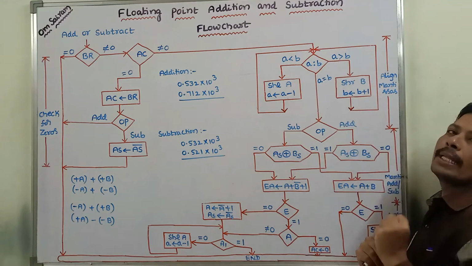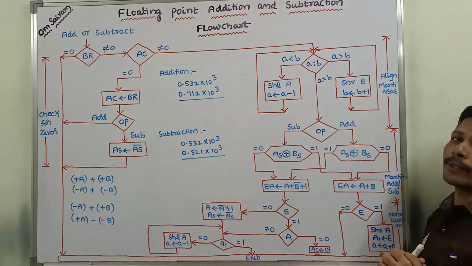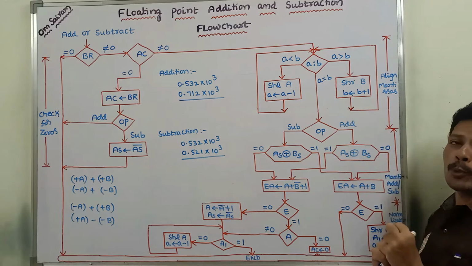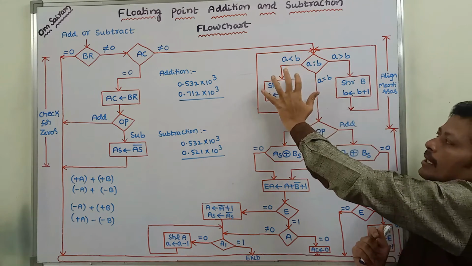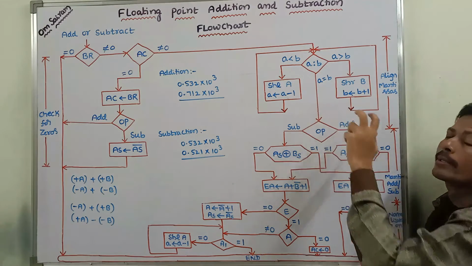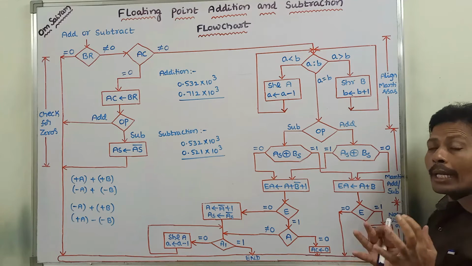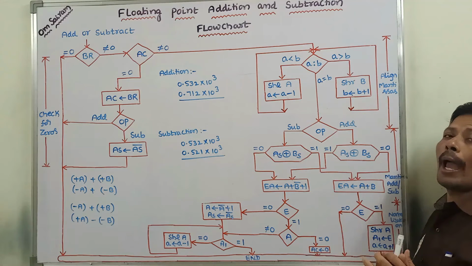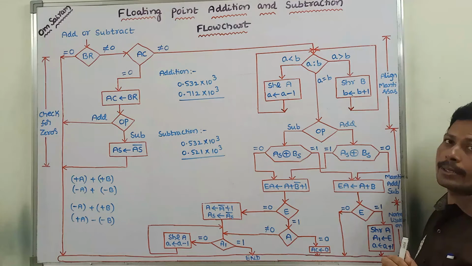After completing the second step, that is alignment of the mantissas, we have considered two approaches. This is the first one and this is the second one. These two approaches are used to equalize the exponents of two floating point numbers.